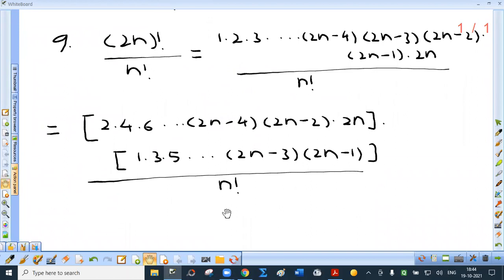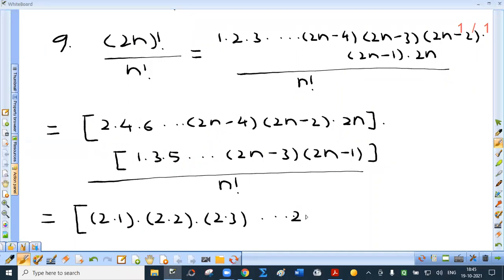Now, from the numerator, see, this is interesting. 2 can be written as 2 into 1. Okay. 4 can be written as 2 into 2. 6 can be written as what? 2 into 3. Then 2n minus 4 is 2 into n minus 2.